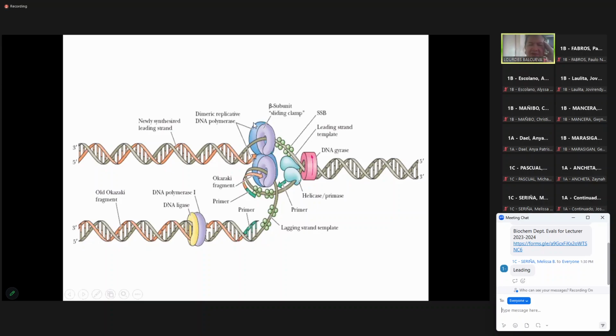Where is the loader? It is gone. If you are loading, then the loader gets out. And here is your coil. So your synthesis should be at this point.